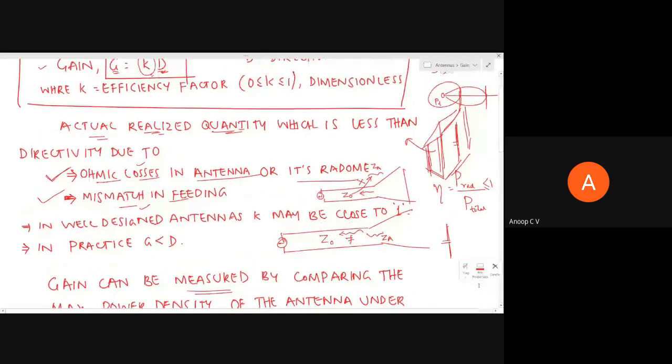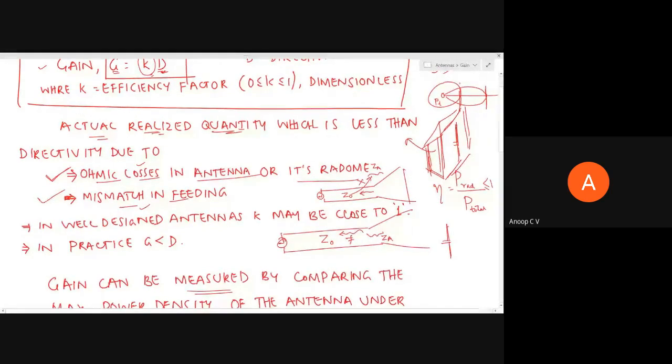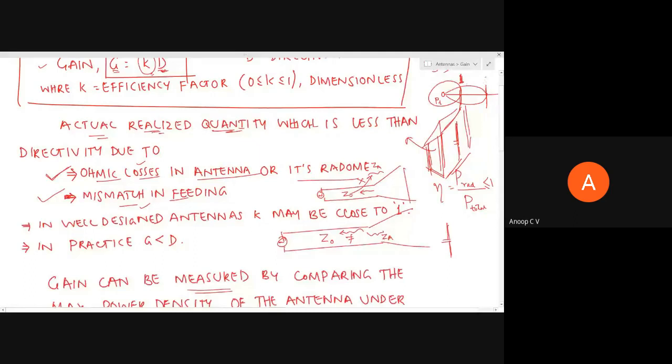When we say directivity is 6, the meaning is if the isotropic radiator radiates a power of one unit, the directional antenna will radiate a power D times that of an isotropic radiator, but actually it will be slightly less than D times that of an ideal isotropic radiator. That is the meaning. That is G, right?